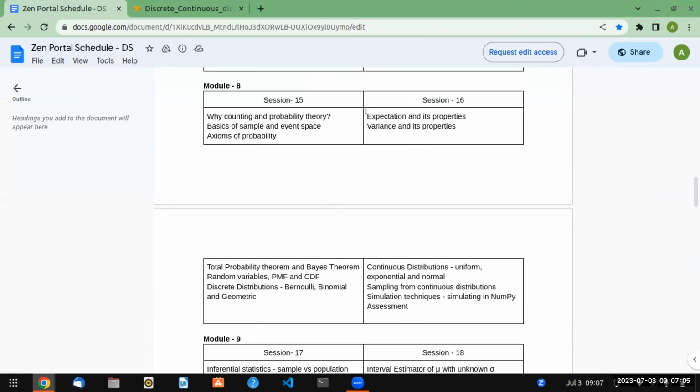Now suppose you are working for a product where you want to know the distribution of the age of the people who are using that product, right? If you don't have the statistical and probabilistic knowledge, then it will be difficult for you to grasp this.